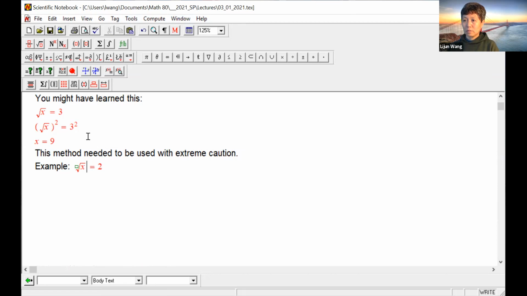Root x, -2. Follow me? If you just square both sides, you square both sides, what are we getting? We get x equals to 4.